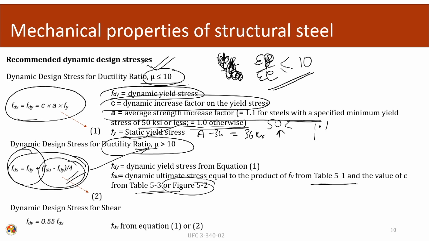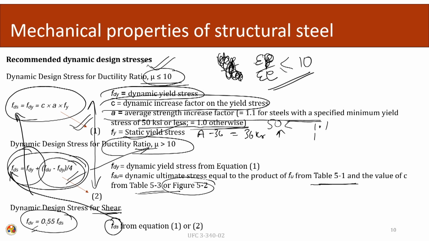For the design stresses for bending, there is a significant increase allowed. But for the dynamic shear, which is highly unpredictable, the increase is a bit restricted. Whatever we are calculating for the dynamic design stresses, 0.55 times of this will be used for the dynamic shear stresses.